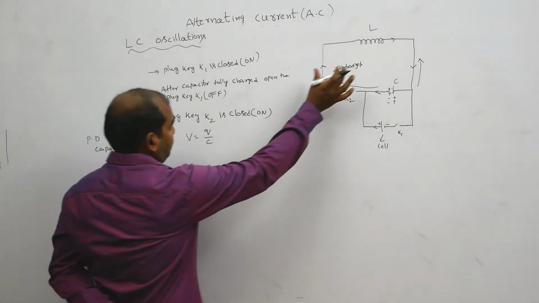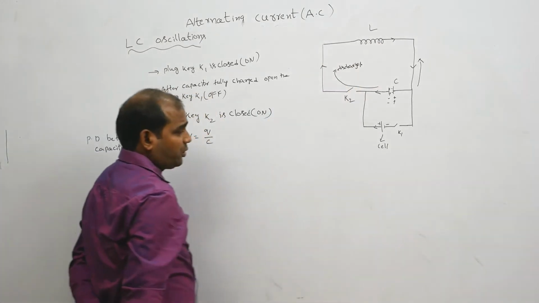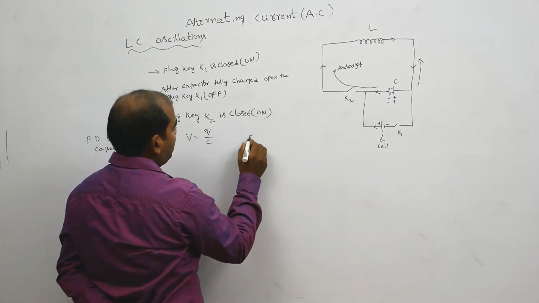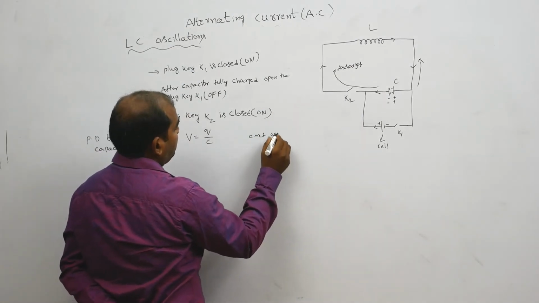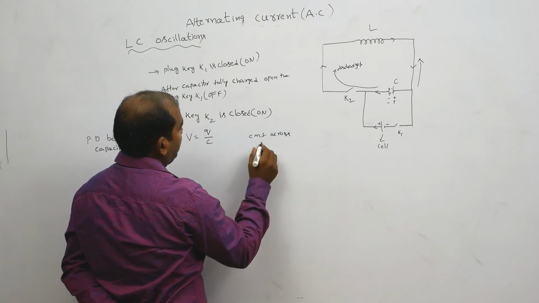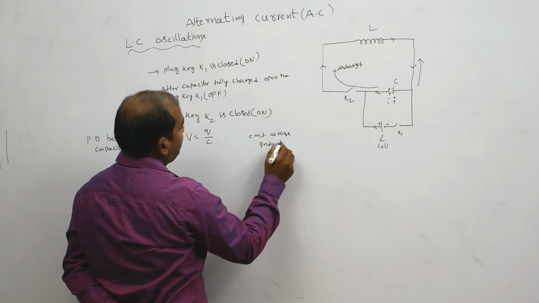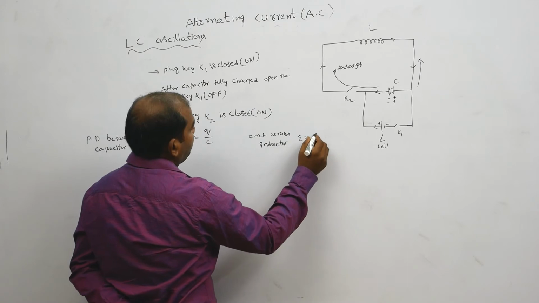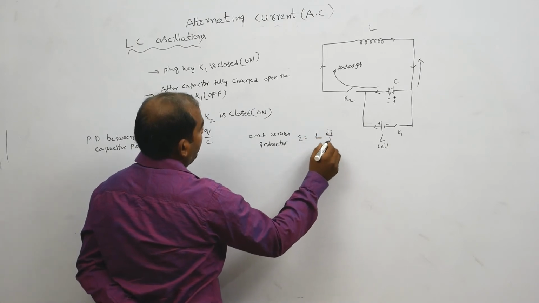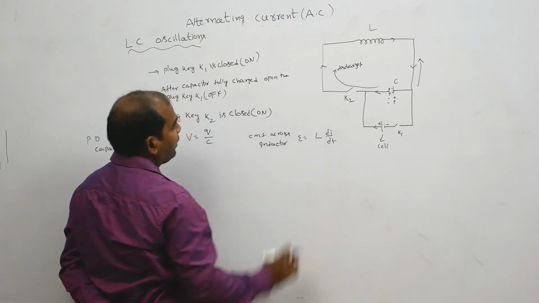Similarly, a back EMF is produced across the inductor, that is E is equal to L into di by dt. I am not writing the minus here.